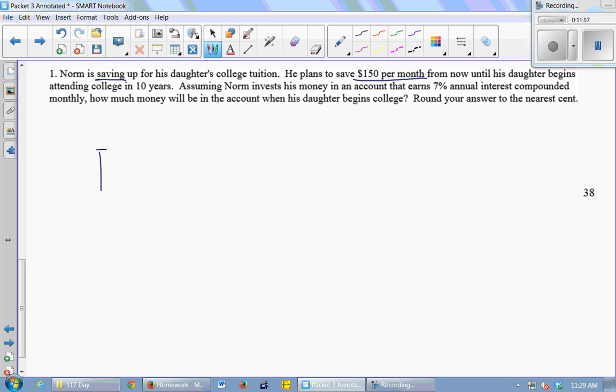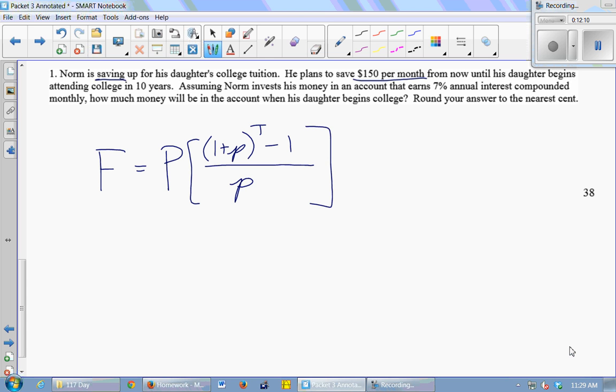So we just write down that formula. F equals P times 1 plus little p to the T minus 1 over little p. So within the first sentence and a half, I've decided on a formula. Now I'm just going to have to plug in all the stuff that they tell me and solve for the thing that they don't tell me.